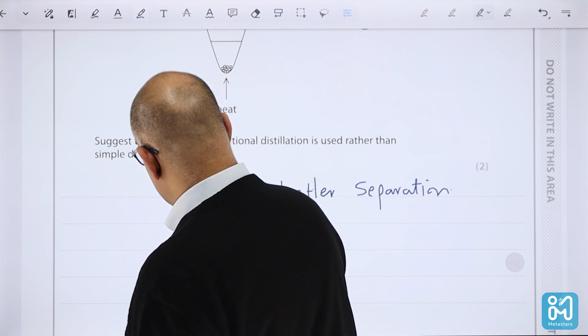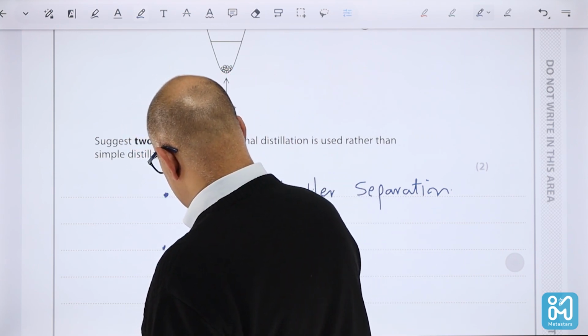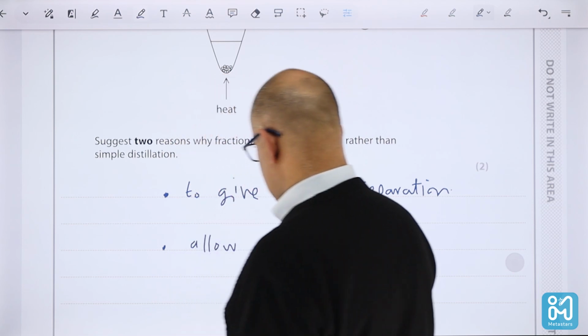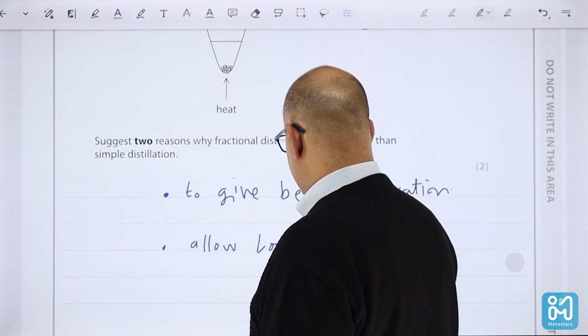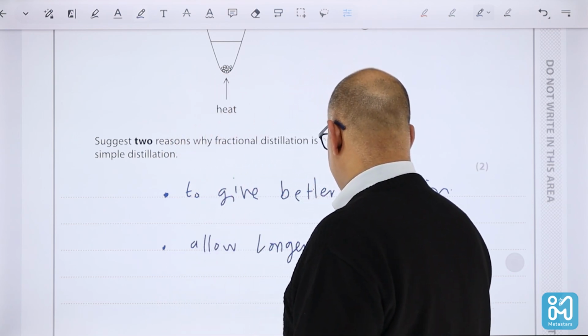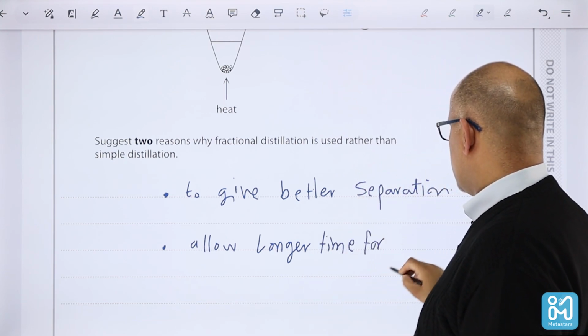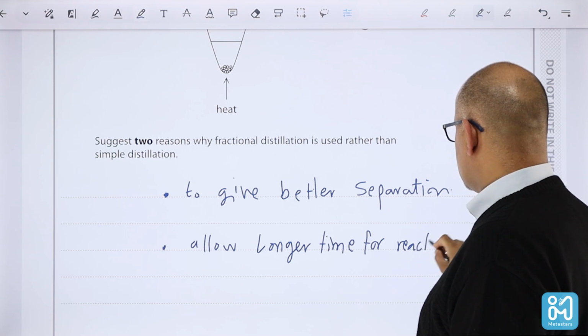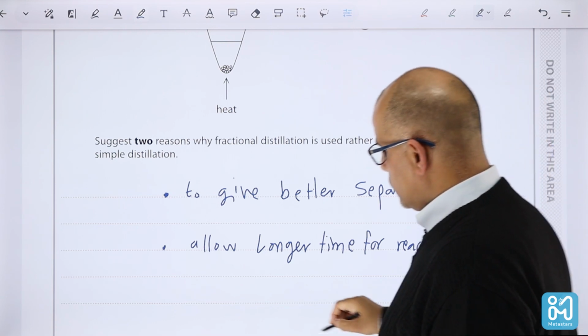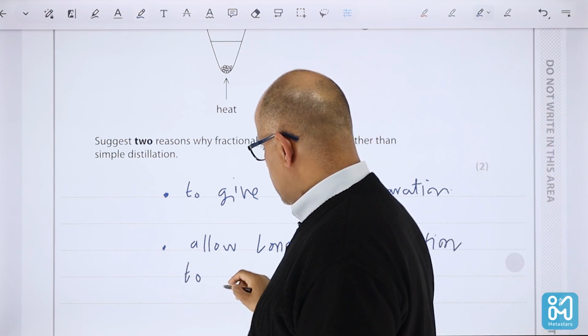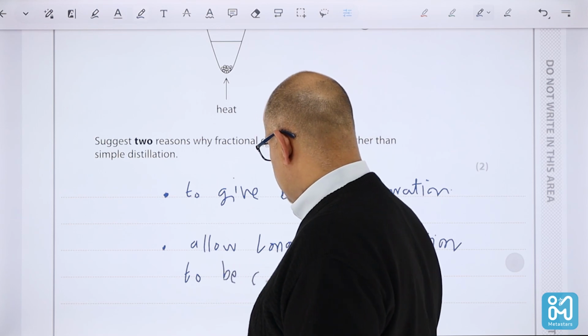And like reflux, it allows longer time for the reaction to be completed.